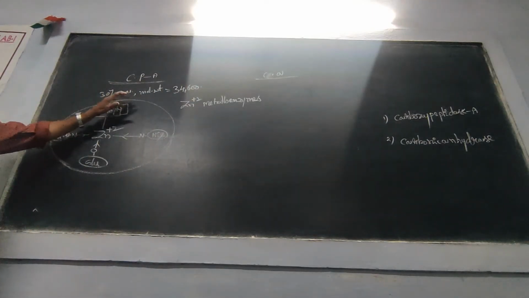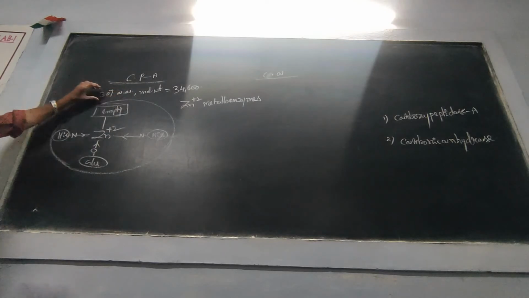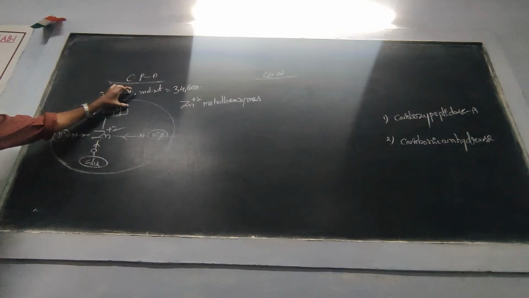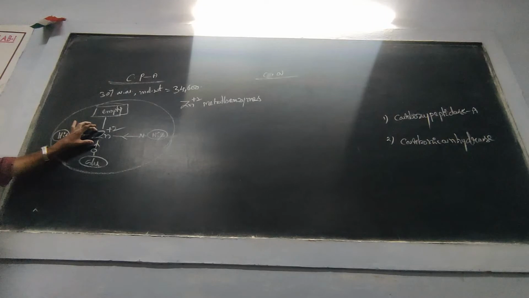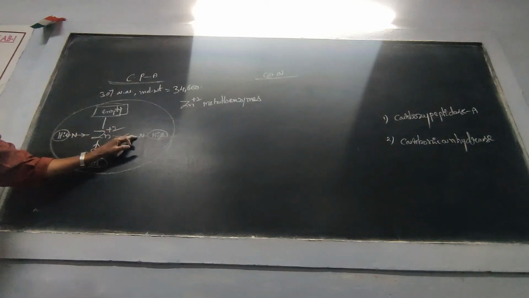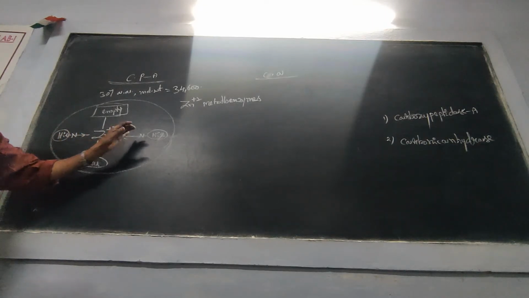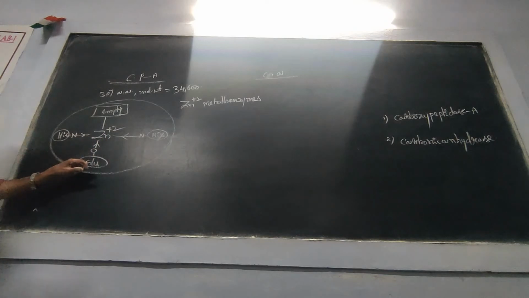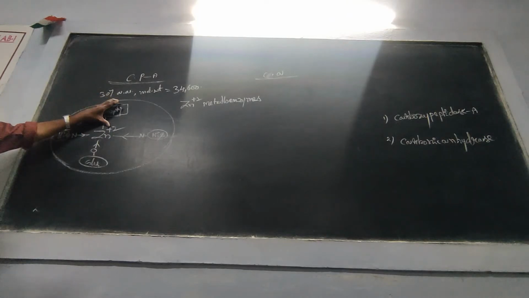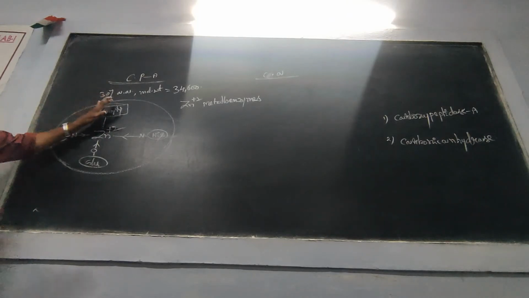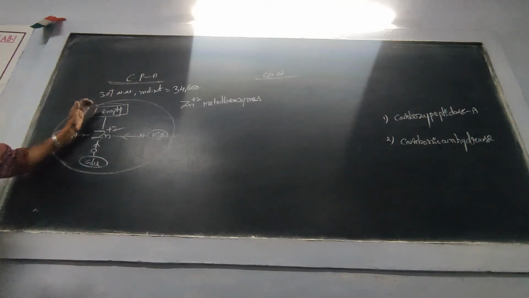So the molecular weight is 34,600 and it has totally 307 amino acids. In those amino acids, zinc metal must be linked with 2 histidines with nitrogen as the donor atoms and 1 glutamine whose oxygen is acting as the donor atom, and the 4th valency is vacant. Okay, now what is the importance of this one? I will give it later.